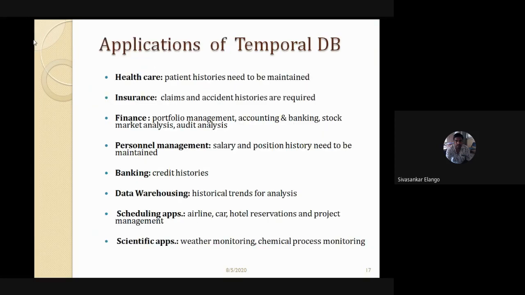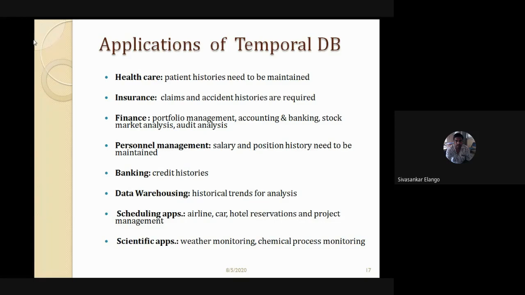Right? So time series databases are used in healthcare to analyze patient health history. Insurance companies use time series databases to analyze the EMI that is being paid. Claims and accident histories are also analyzed in time series databases.